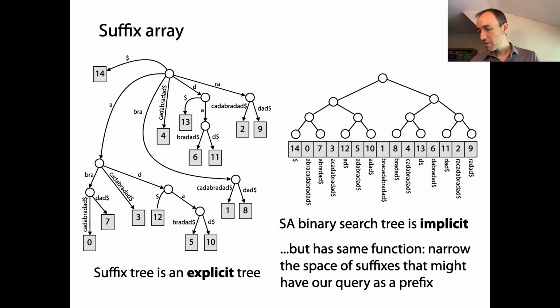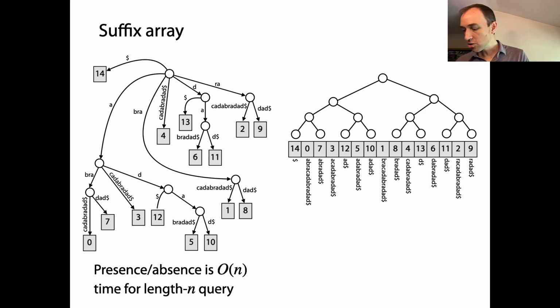But of course, these two trees have the same function. In both cases, moving down through the tree, starting at the root, is narrowing. It's a process of narrowing the space of suffixes that might have our query string as a prefix. To contrast them a bit, recall that when we were querying the suffix trie or the suffix tree with a length n query string, we just had to walk down from the root.